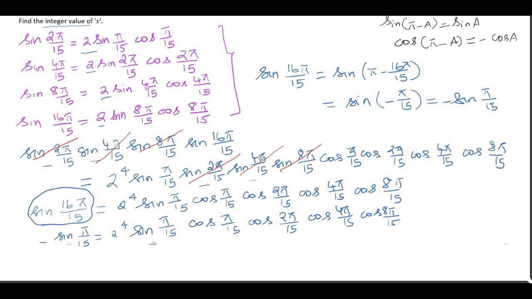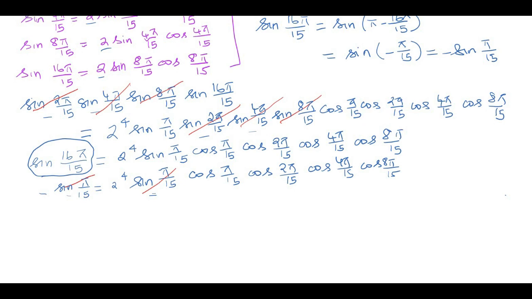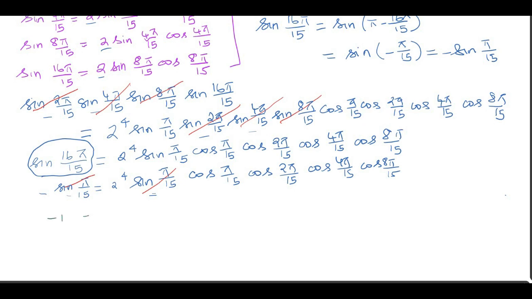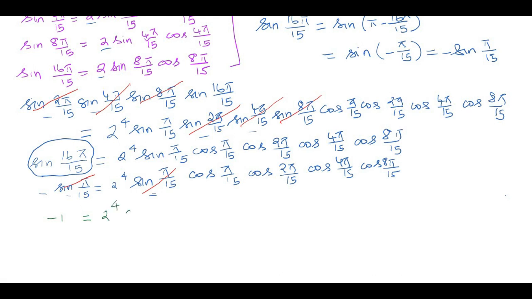We can cancel, right? Therefore, minus 1 is equal to 2 power 4 cos pi by 15 cos 2 pi by 15 cos 4 pi by 15 cos 8 pi by 15.